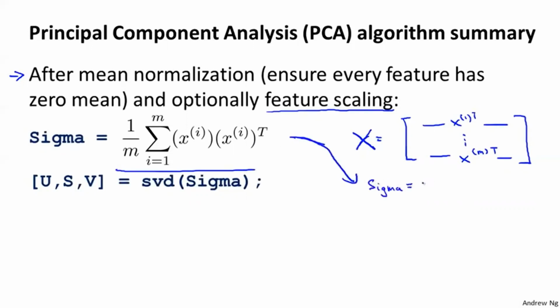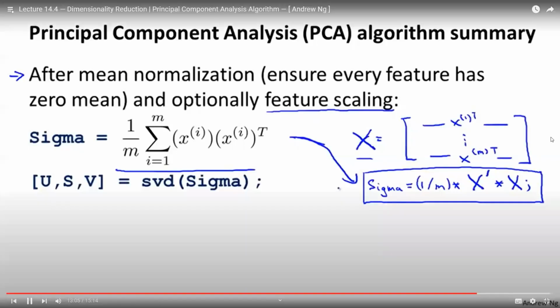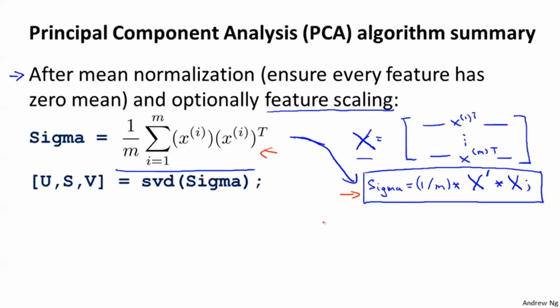You can implement sigma equals 1 over m times X transpose times X, where X is this matrix up here, and this simple expression is a vectorized implementation for how to compute the matrix sigma. I'm not going to prove that this is a correct vectorization, but if you want, you can either numerically test this out yourself in Octave, making sure that both implementations give the same answers, or you can try to prove it yourself mathematically, either way. But this is a correct vectorized implementation for how to compute sigma.